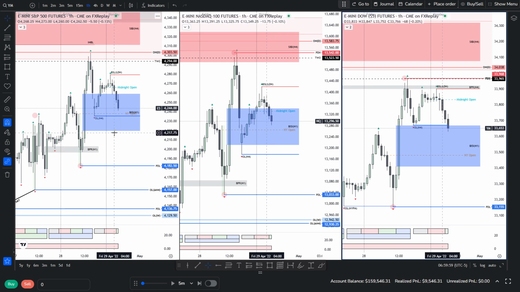So, with that being said, what opportunities do we see that we could potentially see for higher prices? So the first one, if price formed cracking correlation inside of this hourly BISI at this old low H4 with NQ.